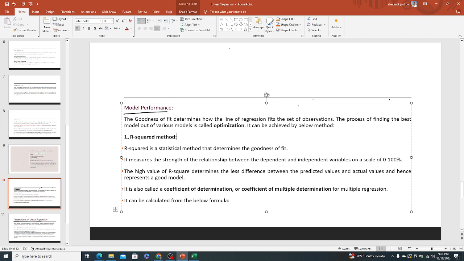Then a high value of R square means less difference between the predicted values and the actual values, hence represents a good model.